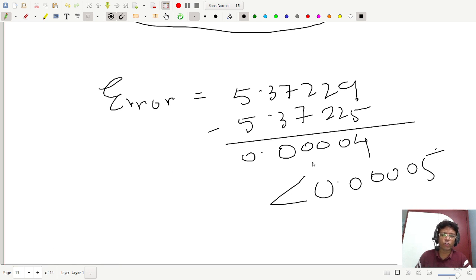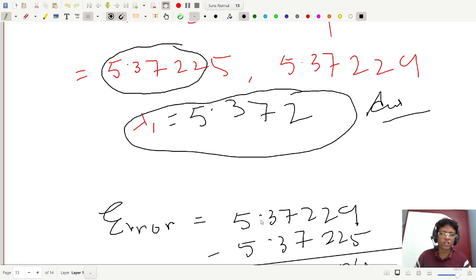So this is the error calculation. Error is much less than the specified value. So your dominant eigenvalue correct to 4 significant figures is given by 5.372. That's the power method, my dear.